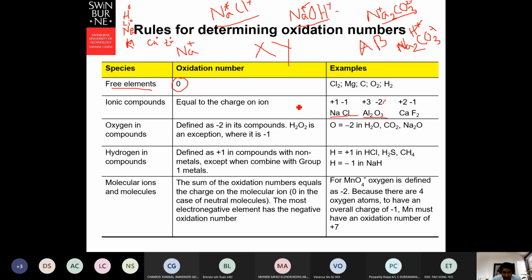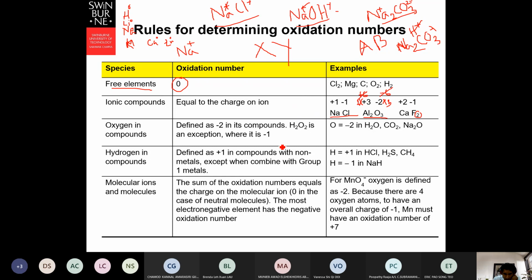That is why there have to be 3 atoms of oxygen and 2 atoms of aluminium. So altogether it becomes positive 6, and here it becomes negative 6, and then both charges are cancelled out. So aluminium oxide is formed. Calcium fluoride, the fluorine is -1, calcium has +2, so that is why 2 fluorine are there.